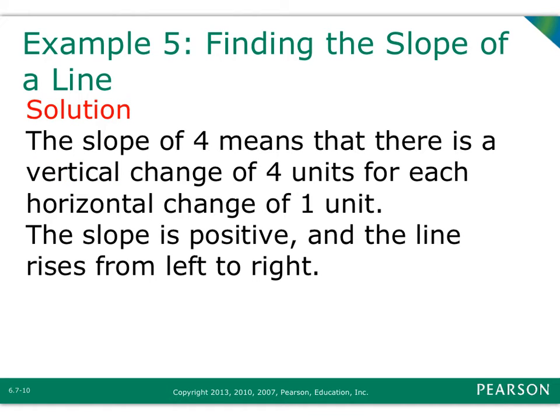So the slope of 4 means there is a vertical change of 4 units for each horizontal change of 1 unit. The slope is positive and the line rises from left to right. In other words, we go up 4 and we go over 1.